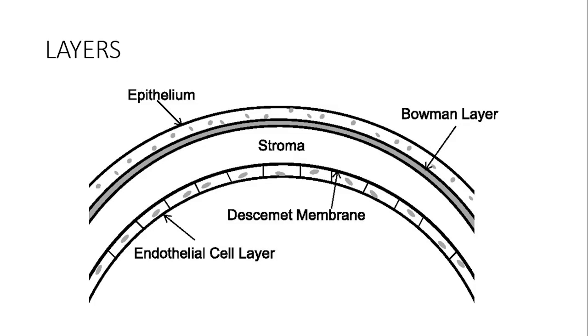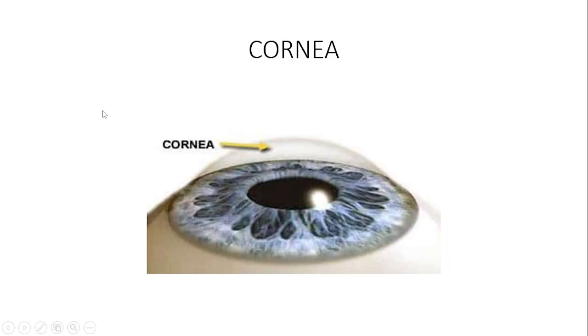Okay, let's talk about the innervation of the cornea. The cornea gets its nerve. For your information, it is the most sensitive structure in all parts of the body. It has a lot of nerves. It's rich in sensory nerves.